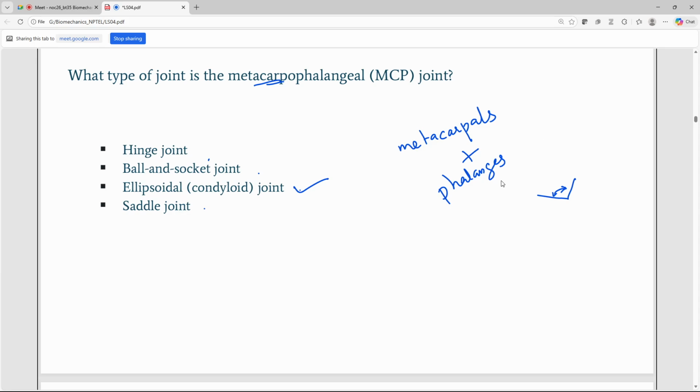But if you see the joints where your finger starts, you can tilt it sideways also, like saying no to somebody. That lateral motion is also there, not just this book motion or kind of angular motion. Sideways motion is also there. So that's why it is classified as ellipsoidal or condyloid joint.